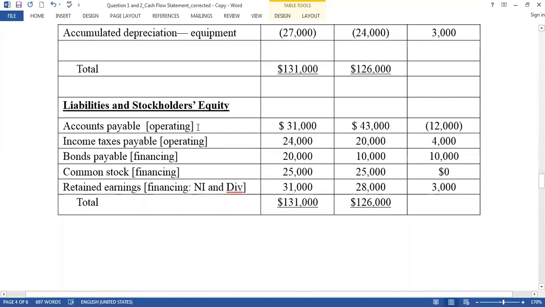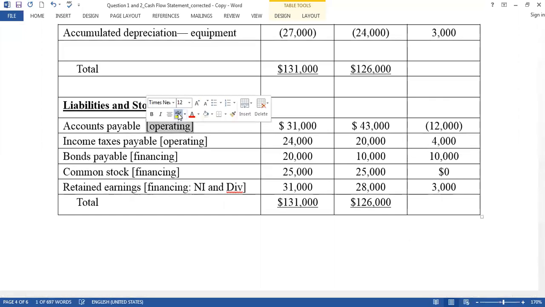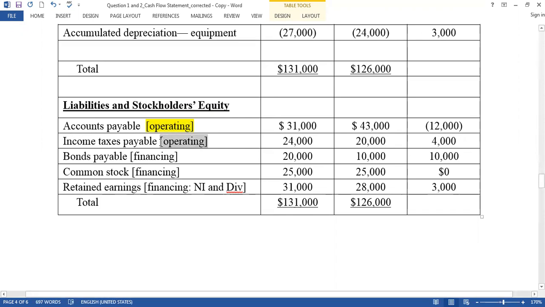Let's see the liabilities. We have two operating items from the current liabilities side. Accounts payable is our liability. It is decreasing, right? What is the meaning? Why does your liability decrease? Because you paid them cash, right? So your liability decreases.